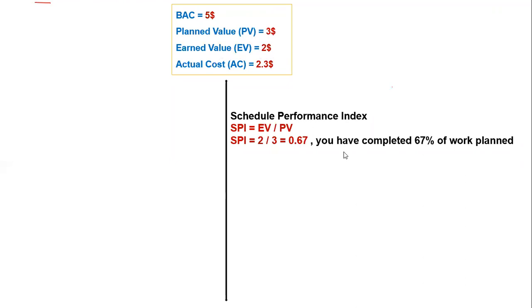Now we are calculating some derivations out of these 4 figures. The first one is schedule performance index, which means how is your schedule performing? The formula is schedule performance index equals earned value divided by planned value. So 2 by 3 is equal to 0.67, which means that you have completed 67% of the work planned. So that is schedule performance index.